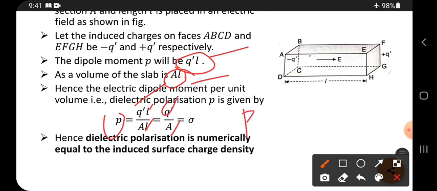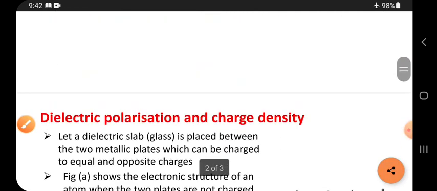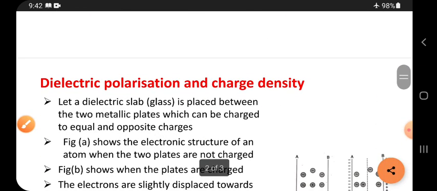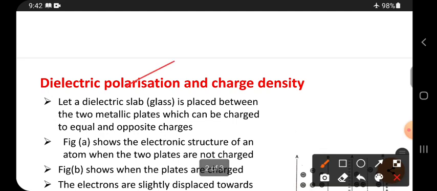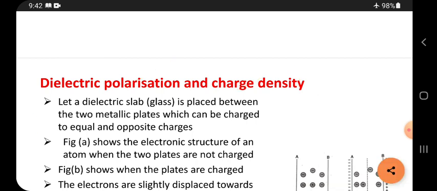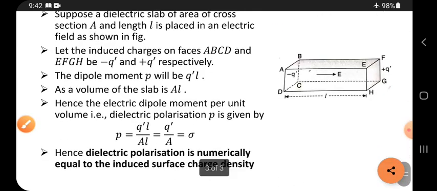Already we know Q dash by A is also called the surface charge density. That is why, if you observe the side headings at the beginning, two headings are there: dielectric polarization and charge density. Here the charge density is sigma.